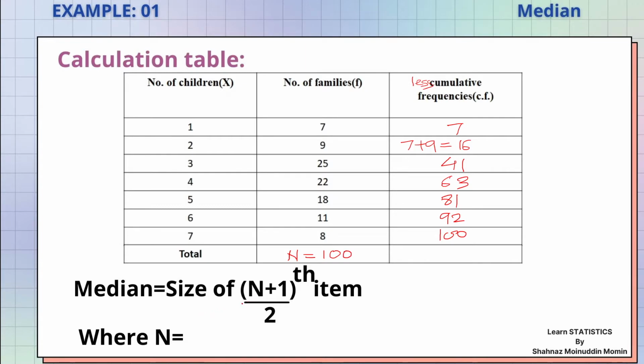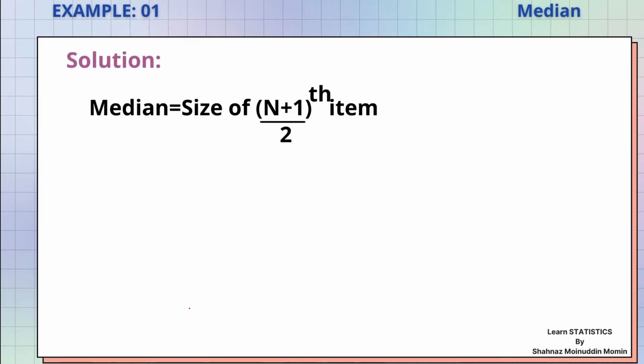Then use the formula: median equals size of (n plus 1) upon 2th atom, where n is nothing but the sum of frequencies, which comes out to be 100. Now substitute the value of n in the formula.